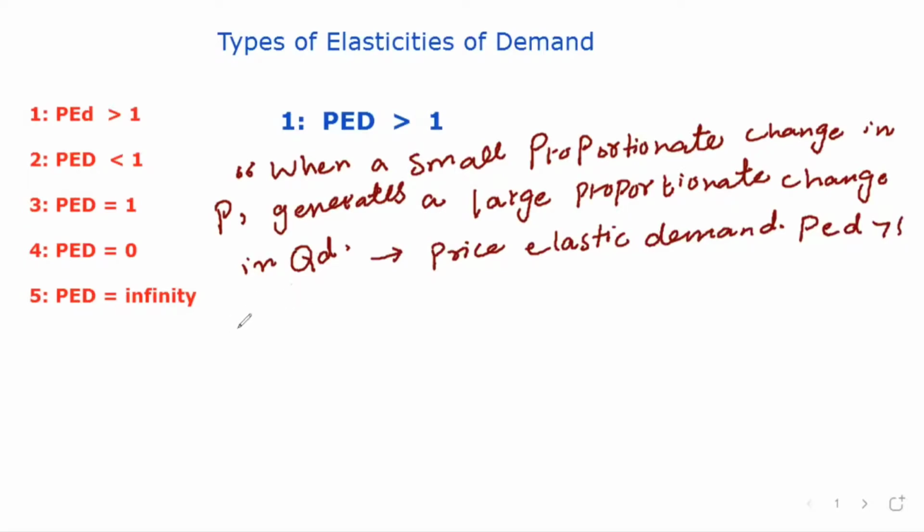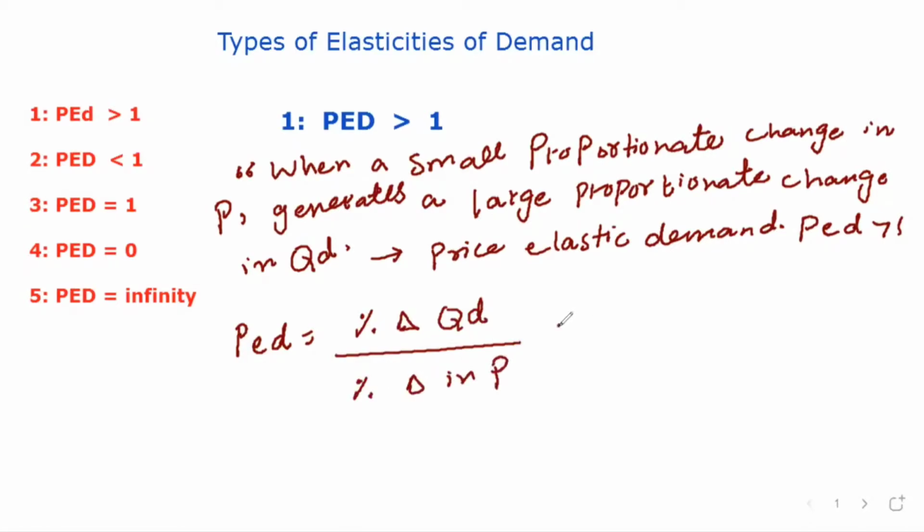So the formula of PED will be the same as we have done in the previous video. Percentage change in quantity demand over percentage change in price. So it should be greater than 1. Then it is called elastic demand. So we can take an example here. Let's have some values.